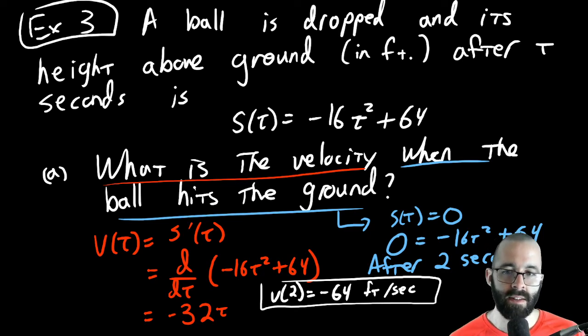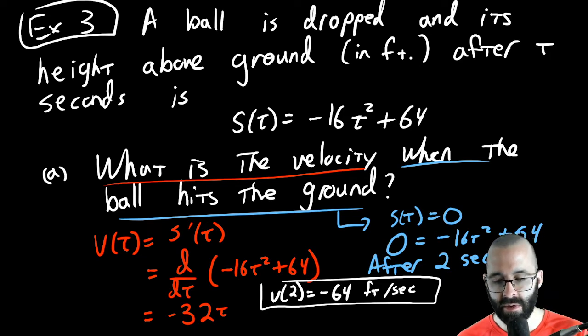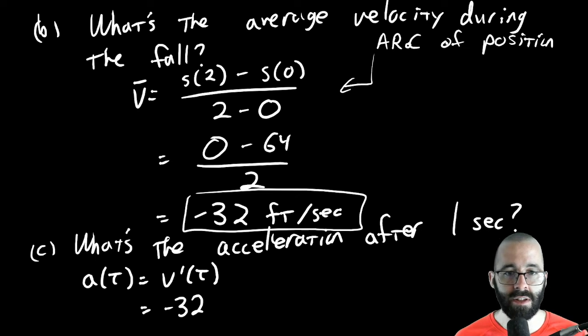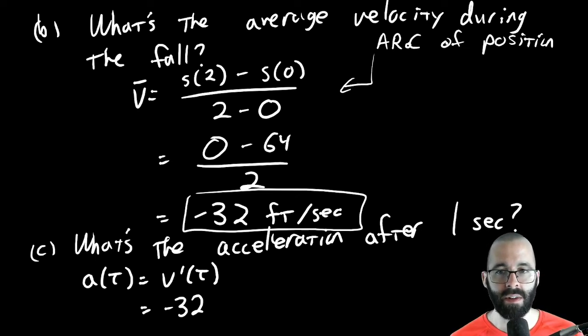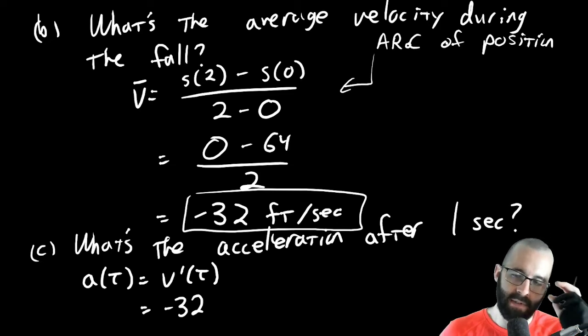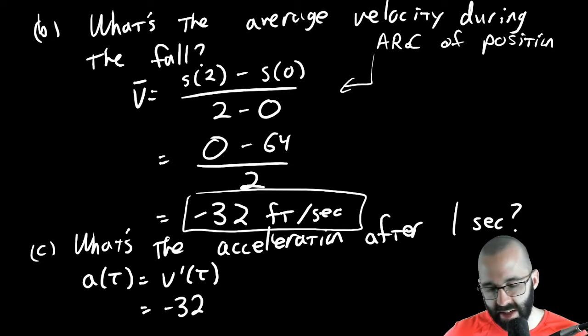It's a line. The derivative of a line is just its slope, negative 32. In fact, this says that the acceleration is always negative 32. These things are negative, by the way. I didn't mention that. Negative slopes. Negative means going down. So the acceleration is negative 32.